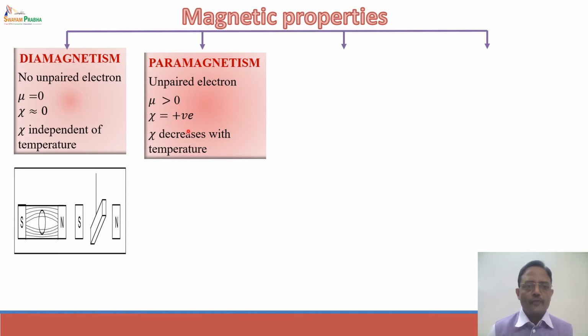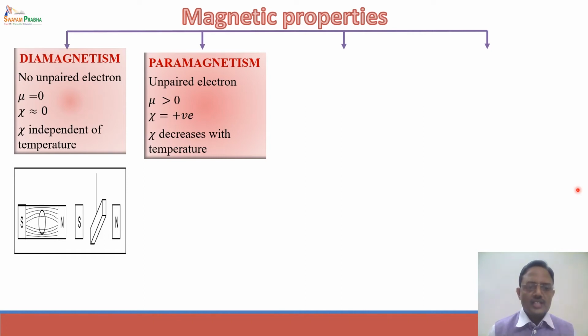Also, if we increase the temperature, what will happen? The electrons trying to align themselves in the direction of the magnetic field will experience opposing forces because of thermal collisions with the increase in temperature. As a result, the value of chi, or magnetic susceptibility, goes on decreasing with increase in temperature.